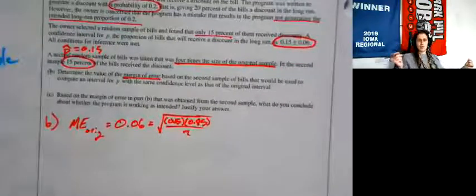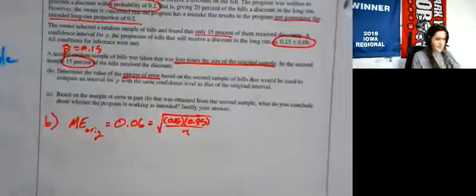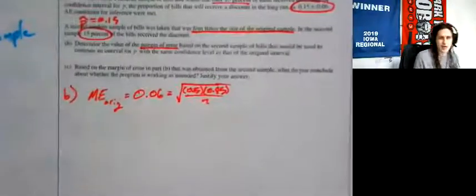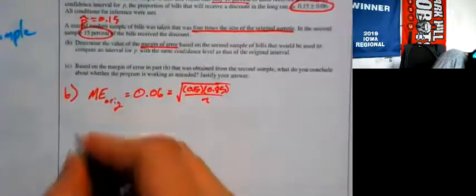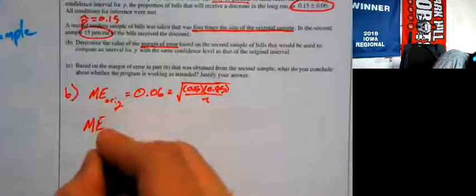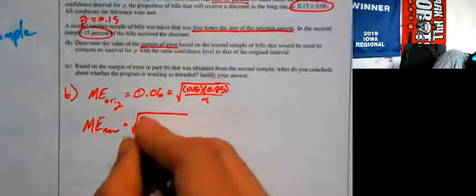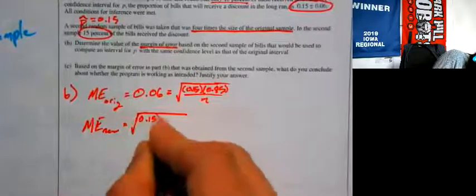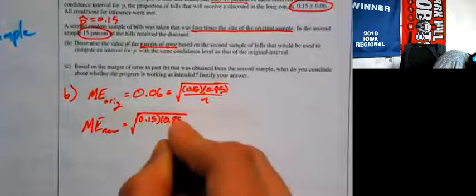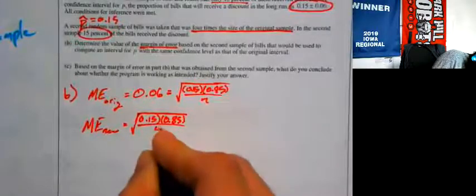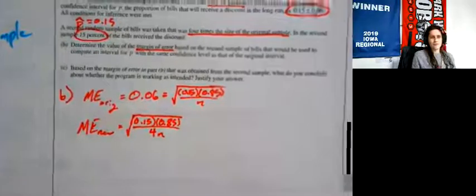But now we're telling you the new margin of error goes along with a sample size that's 4 times larger. Okay, so now the new margin of error is going to look the same. It's still going to be 0.15, still going to be 0.85, but now in the denominator here it's 4n. Well, what can I do?